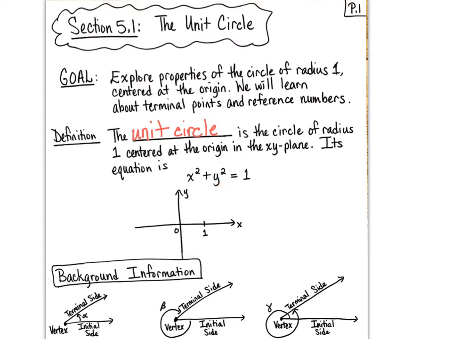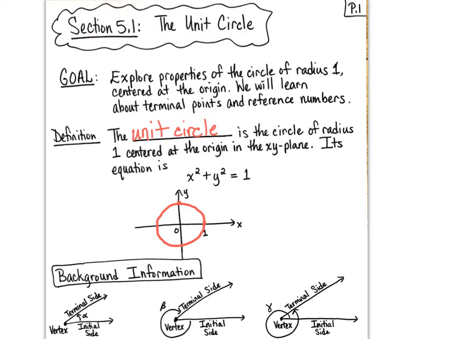So again, it's the circle with radius 1, so you can mark a 1 all around, and there you go. So this would be 1 here, this would be -1, this would be -1, right? It has radius 1, so it's a distance 1 from the origin. Now, that's our unit circle. We have the equation: x squared plus y squared is 1.